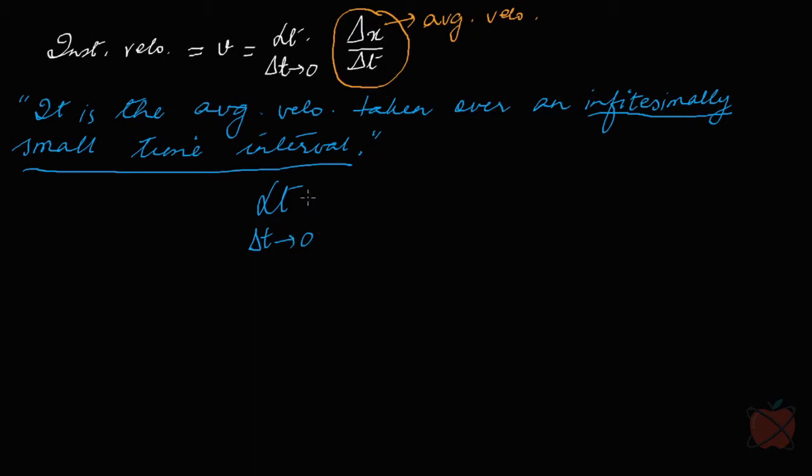So the limit of delta t tending to 0 of the average velocity, delta x by delta t, gives us the instantaneous velocity. By definition, this is nothing but dx/dt, the differentiation of the displacement. So again, it is the rate of change of displacement: v is equal to dx/dt.